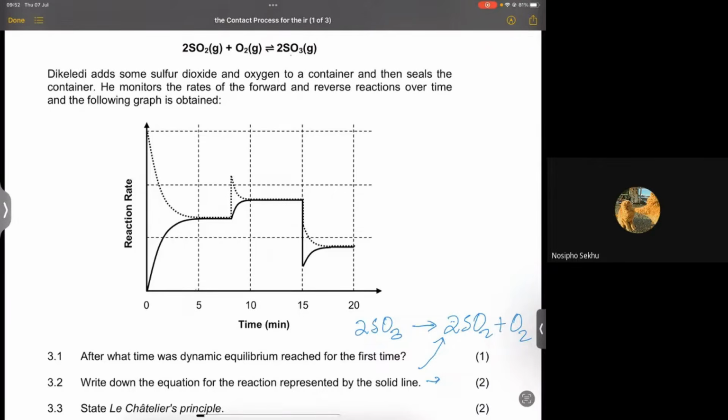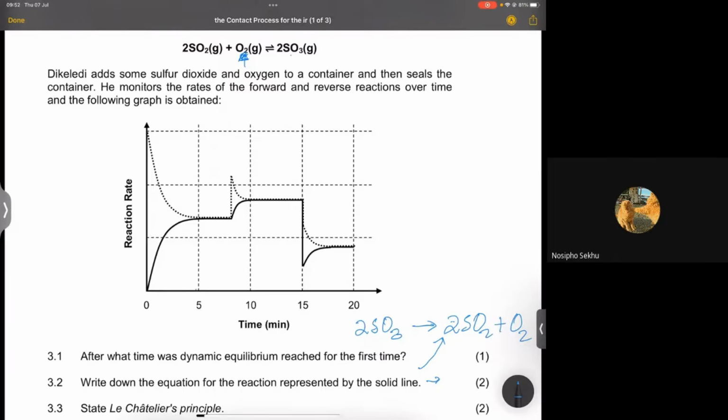Now, the moment I add more oxygen, equilibrium says, hey, we've got more oxygen, we need to get rid of it. Remember that's Le Chatelier's principle. It says if I add something, I need to try and get rid of it.